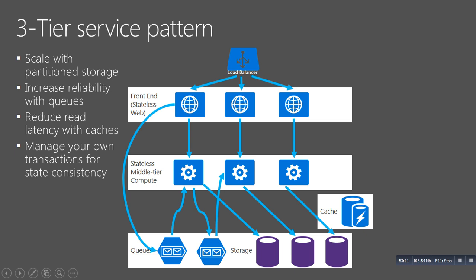For example, if one service is running in two or more different instances, you have to write code in such a way that it makes sure the state is consistent. And in this pattern, there are many moving parts which need to be maintained.